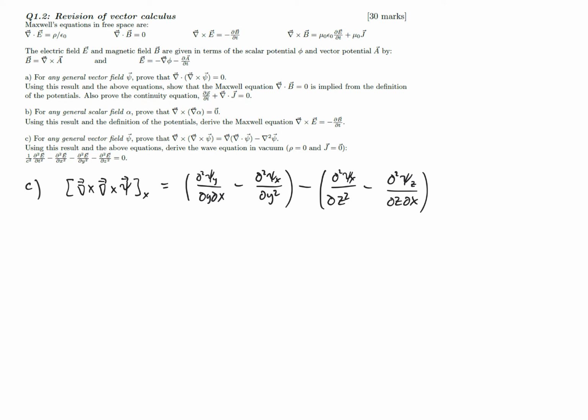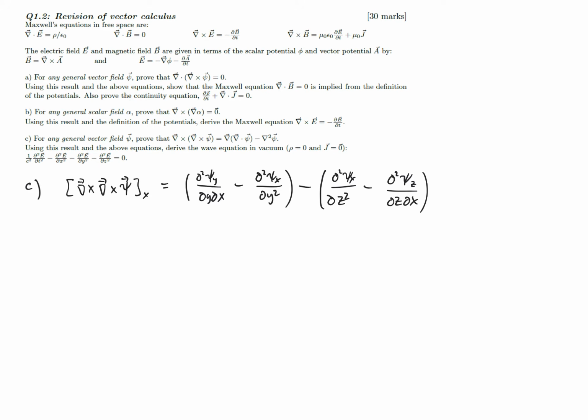But this is the final result, and this is just the x component, so it's just a scalar object. So we have a bunch of second derivatives of the various components of our vector field psi. What we want to see is that this is equivalent to the gradient of the divergence minus the Laplacian.